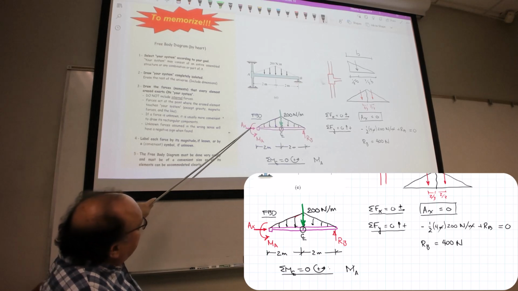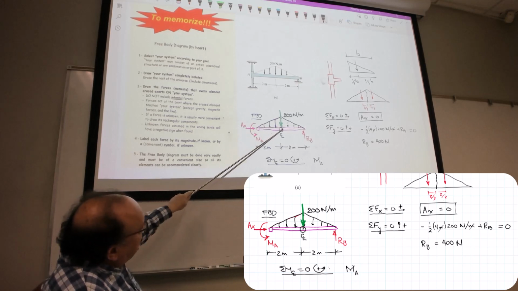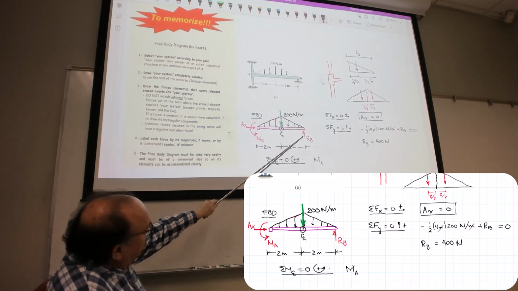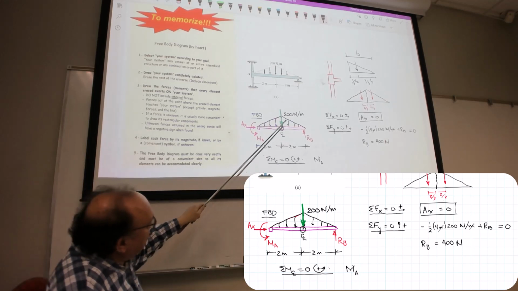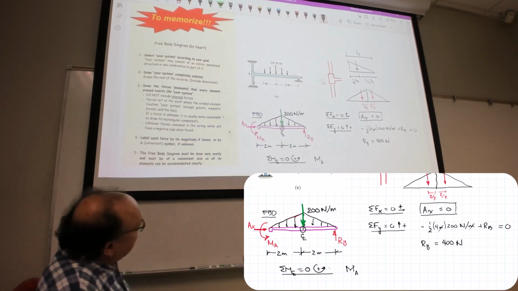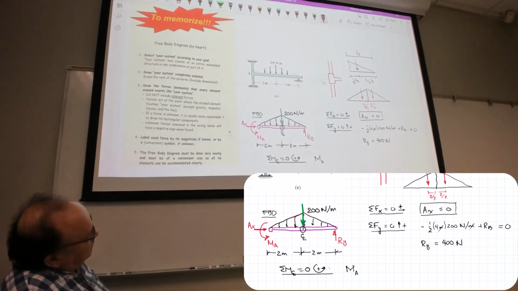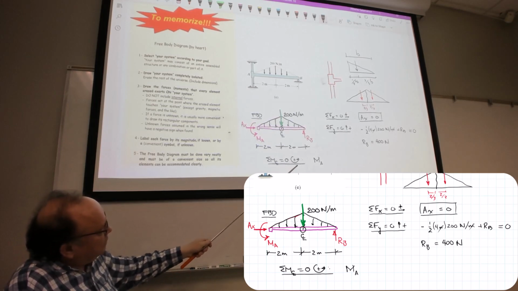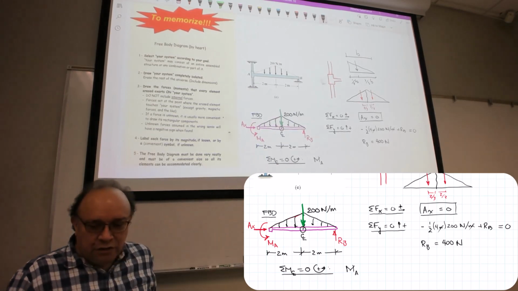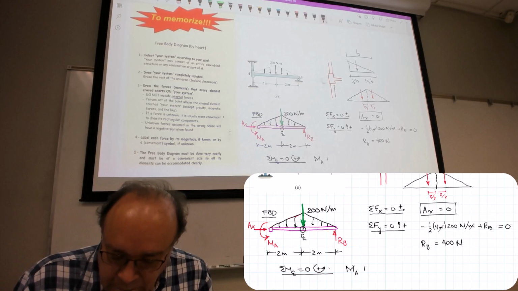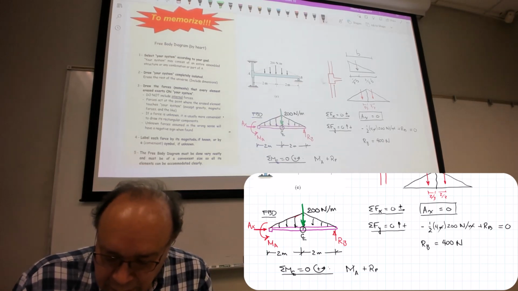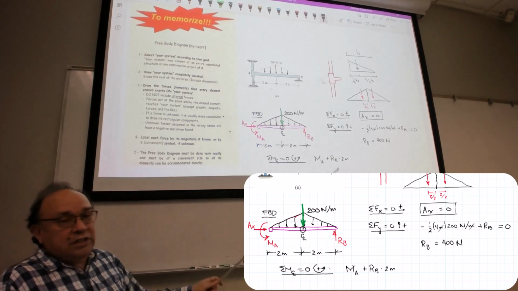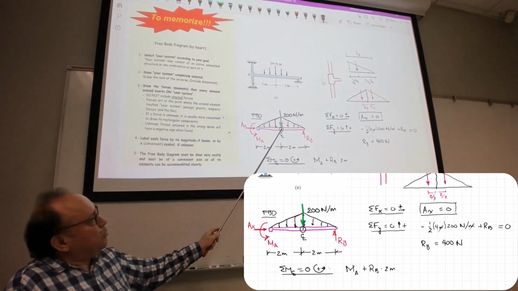This force doesn't produce moment, right? Because it goes through the point. So only this one is left. So it will be RB times 2 meters, positive or negative? Positive. It's the same direction of this, right? So positive. So I'm going to put plus RB times 2 meters. Any more forces that produce moment with respect to this point here in the middle?